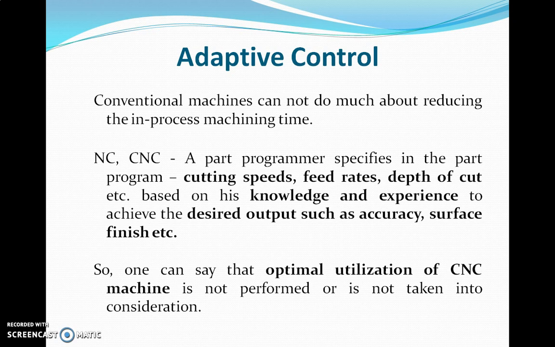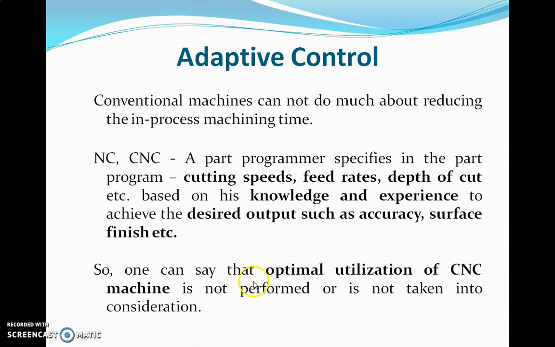So we can say that the programmer may not be making enough utilization of the CNC machine. The person is not using his experience and knowledge to make sure that the CNC machine he is going to work with is working under optimal conditions.